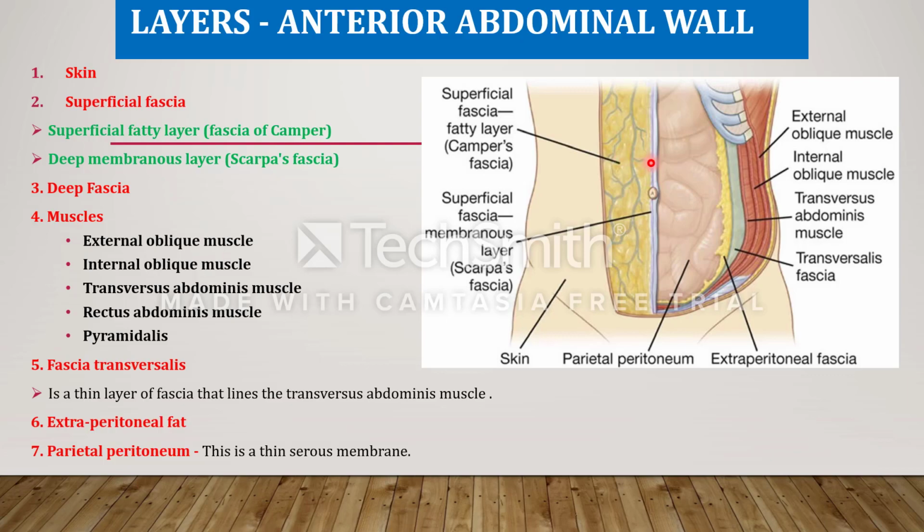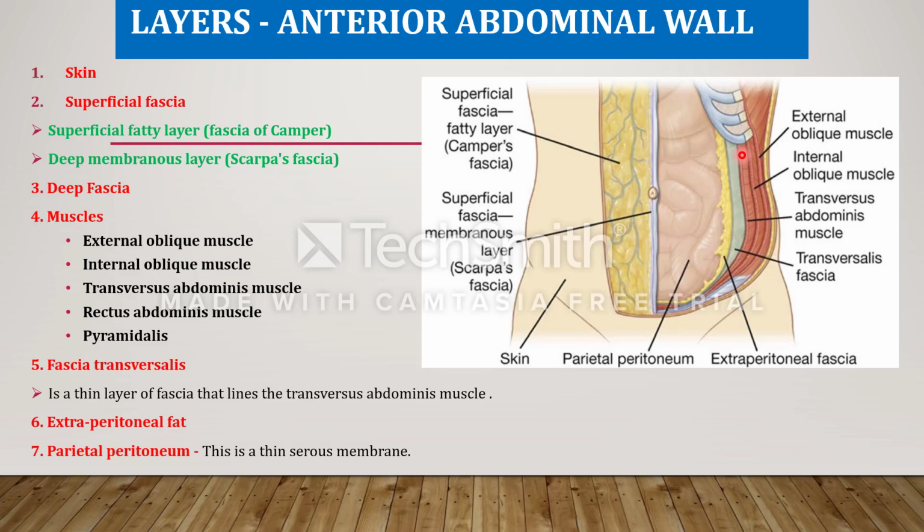When we remove the membranous layer, we can see the deep fascia over the external oblique muscle. Then we can see the external oblique muscle. This one is the external oblique. When we remove the external oblique, we can see the internal oblique muscle. And when we remove the internal oblique muscle, we can see the transversus abdominis muscle. This is the transversus abdominis muscle.